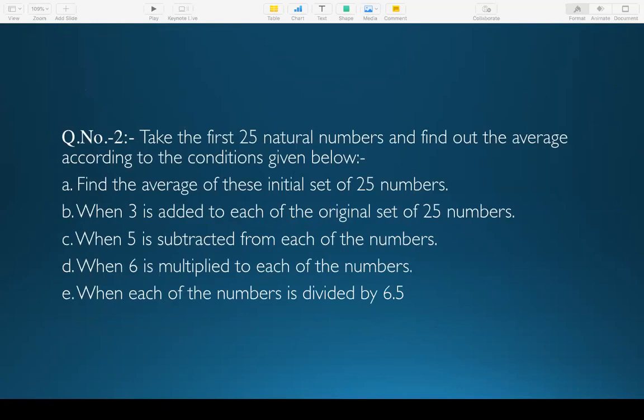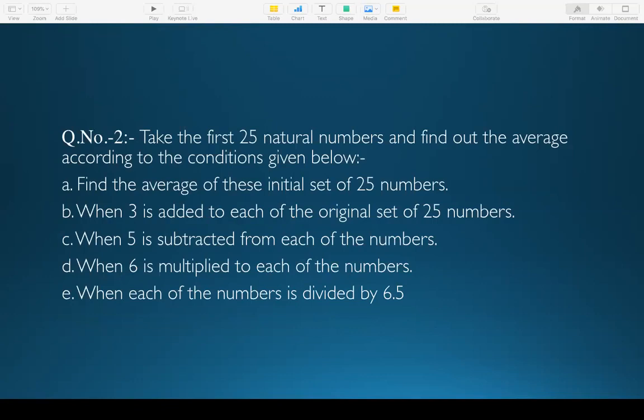Now guys, what was the question? The second part of the question said that when 3 is added to each of the original set of 25 numbers, what does it mean? The original set was 1, 2, 3, 4, 5 till 25. The new set would have been 1 plus 3, 2 plus 3, 3 plus 3, 4 plus 3, till 25 plus 3, right?